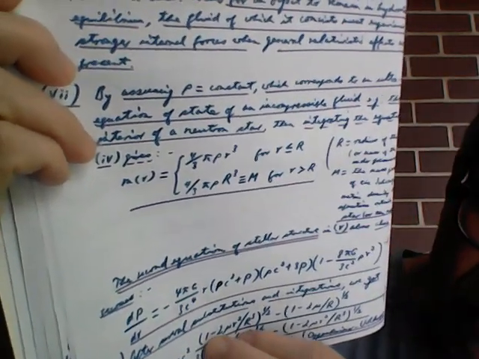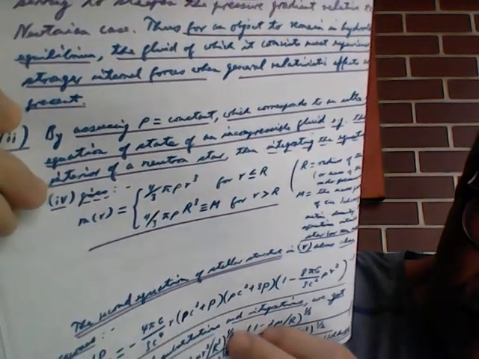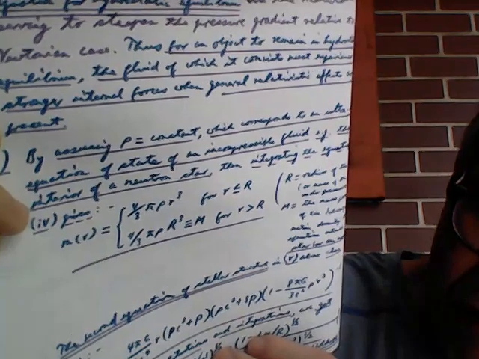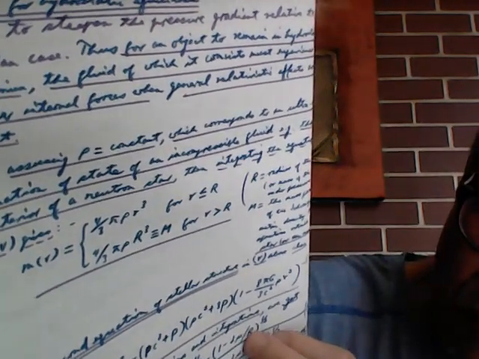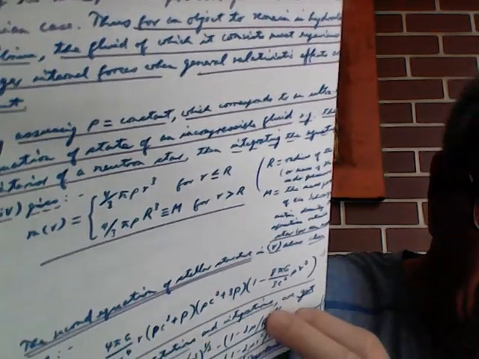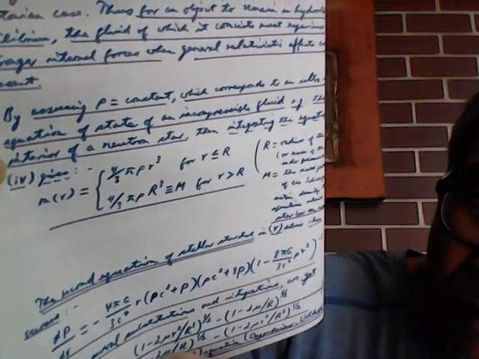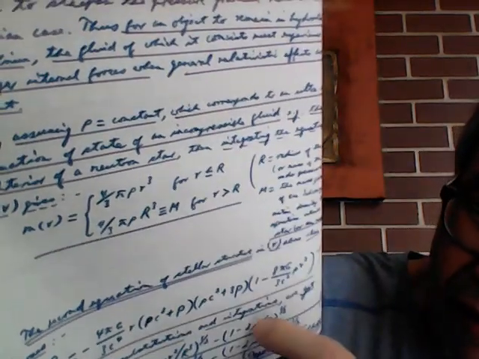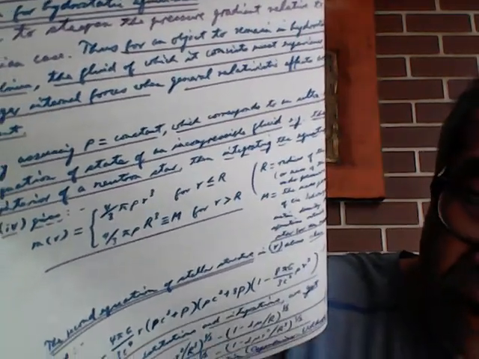The numerator is 1 minus 2 mu r squared divided by R cubed, all to the power 1 half, and the other is 1 minus 2 mu over r to the power 1 half. But in the denominator it's just the reverse. The second bracket becomes the first bracket, and the first bracket becomes the second bracket, in the reverse order.